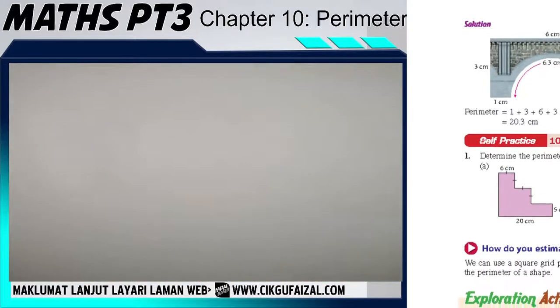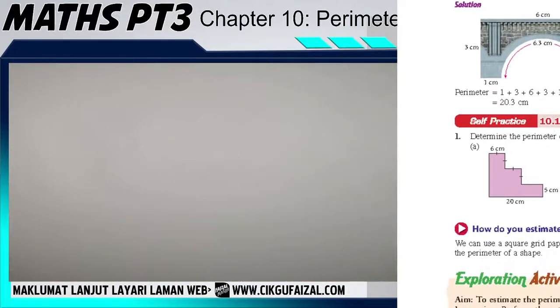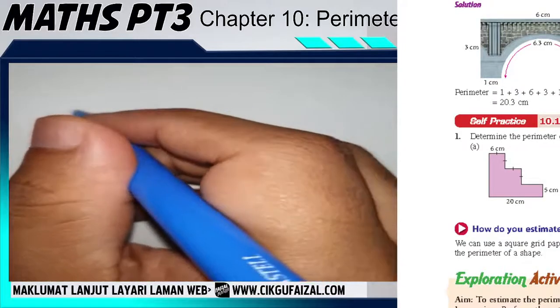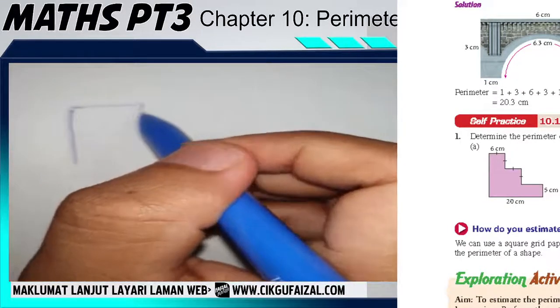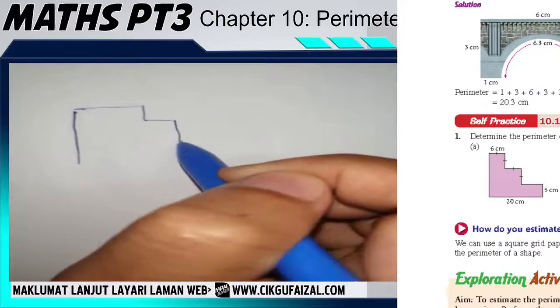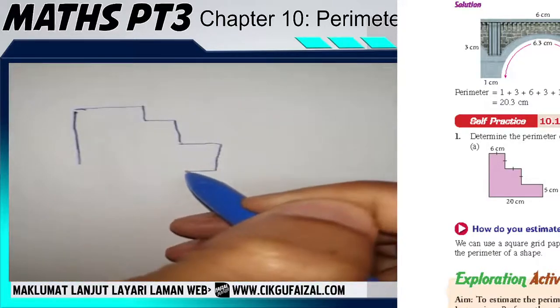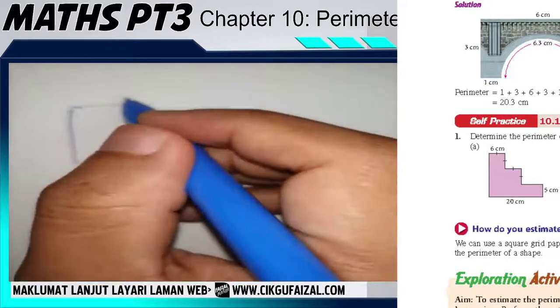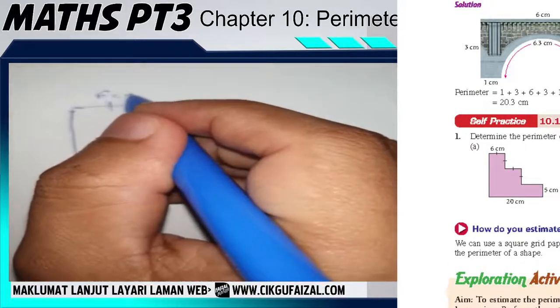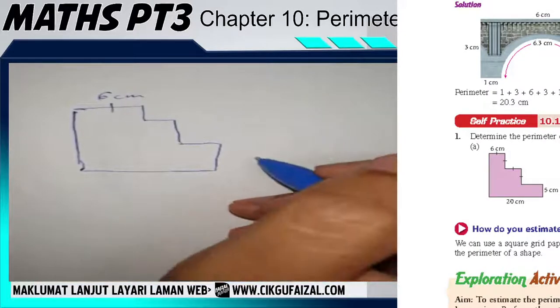okay, I draw a little bit here. Sorry, I'm taking a lot of time. Okay, this is the shape. This shape is a combination of a few squares and the lengths of the sides.